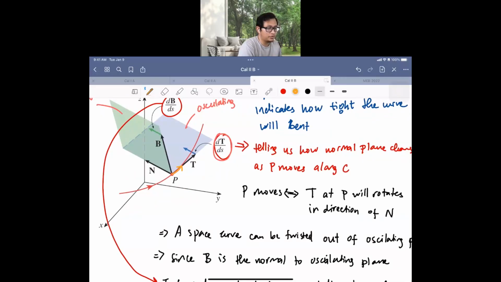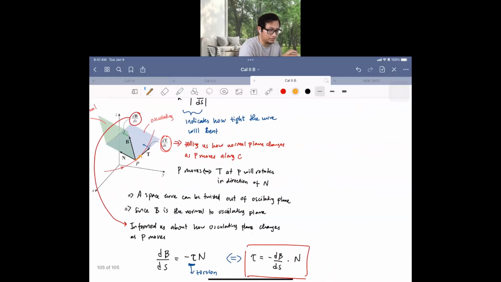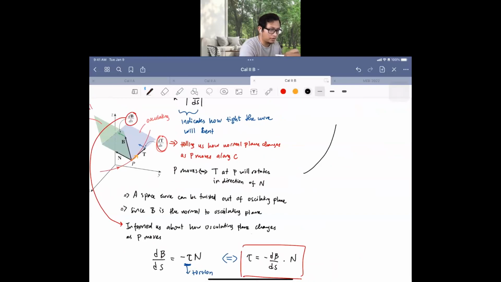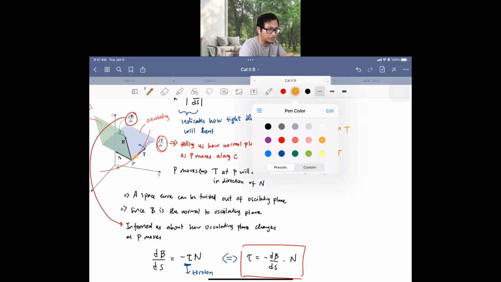If you look at the tangent, let me draw here. The tangent maybe first is here, and then if we move, the tangent is going here, and if we move here, the tangent is going here. So the tangent will be moved, and it's facing the direction of n.